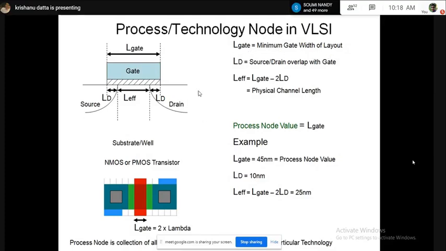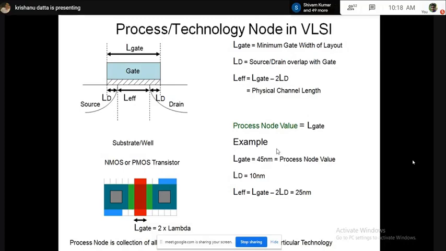Why are these dimensions important? In this example, I'm talking about an L gate of 45 nanometer, let's say. For that process, LD typically turns out to be 10 nanometer. So L effective is L gate minus twice LD, that is 25 nanometer.